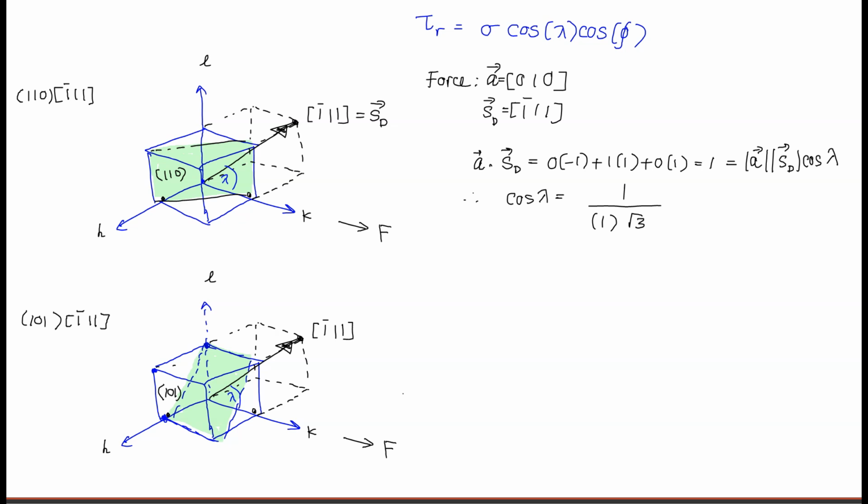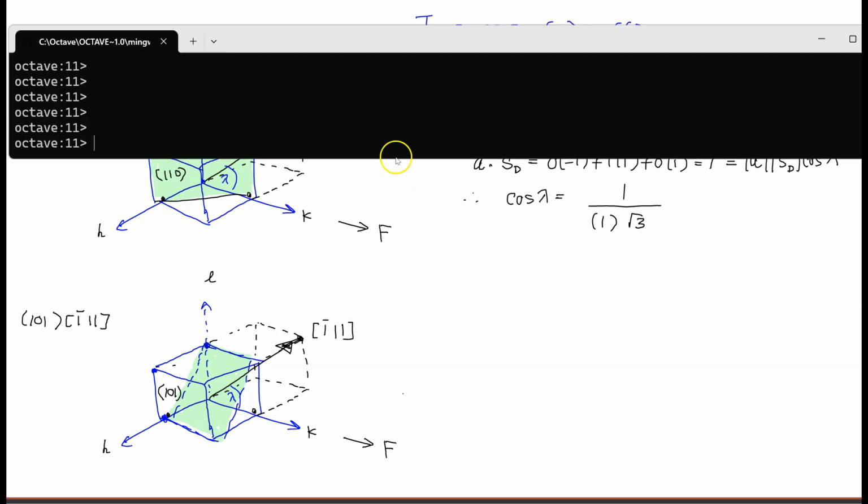And if we like, we could even find out what lambda is. It's just the inverse cosine of 1 over root 3. That is 54.7 degrees.